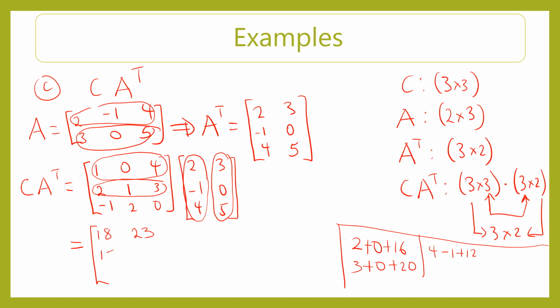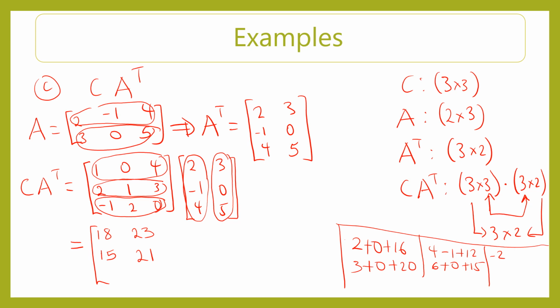So I have 15 here. So I go again. 2 times 3 is 6. 1 times 0 is 0. 3 times 5 is 15. 6 plus 15 is 21. So I'm done with that. Then I move to the next row. I use this row again to multiply each of the columns in the other matrix. So minus 1 times 2 is minus 2.